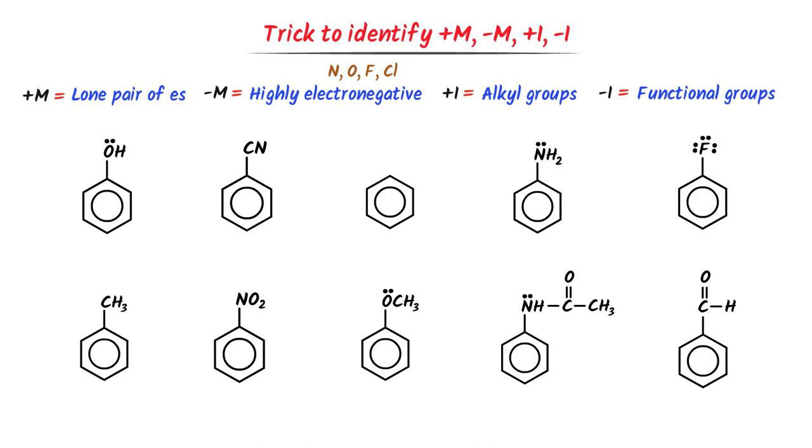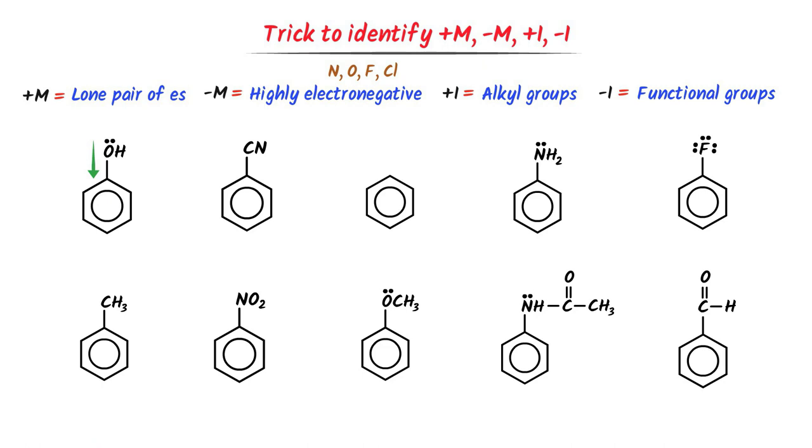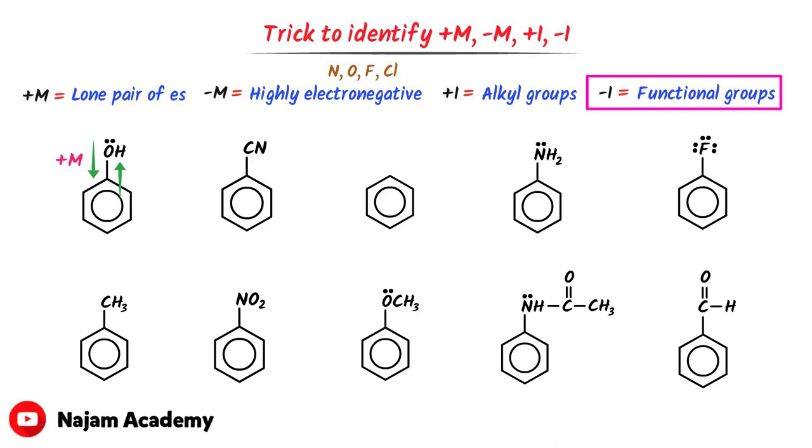In the first case, this OH group has lone pair of electrons. It will donate this lone pair of electrons through resonance. Also, we know that if lone pair of electrons is present in a group, it shows positive M effect. Secondly, oxygen is an electronegative atom. It attracts shared pair of electrons. Also, we know that if there is a functional group like OH, it shows negative I effect.